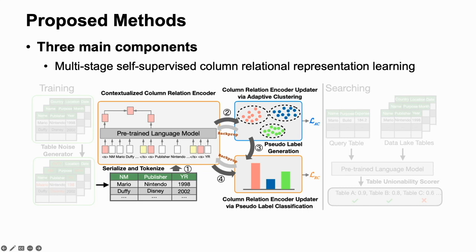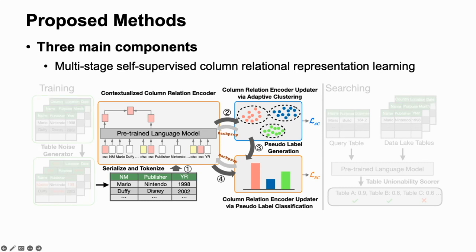The first updater optimizes the encoder through a relaxed constraint by performing clustering over the column pairs. The second updater uses the generated pseudolabel, which is the membership of the pair to the clusters, to further update the encoder with a more strict constraint by performing a classification task.